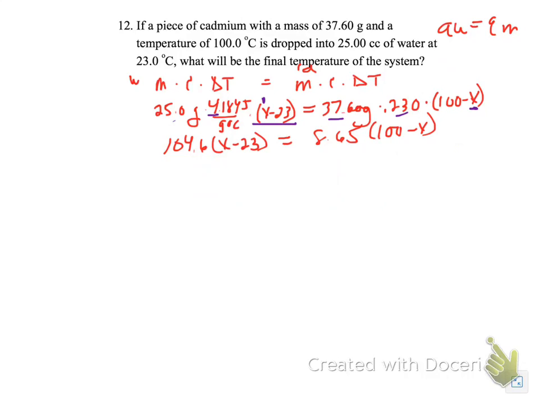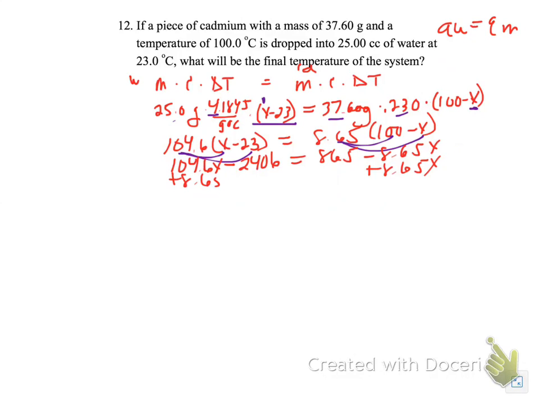I'm going to distribute here and here. When I do that, this is what I get. Alright, I'm going to combine like terms. Add 8.65x to both sides.